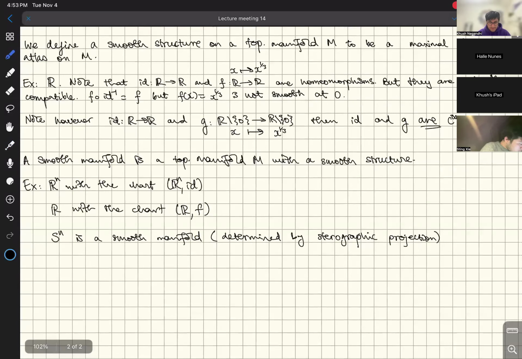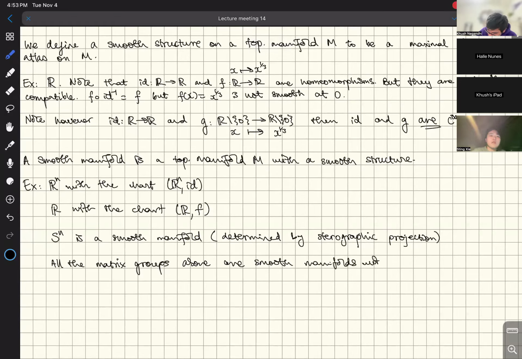But yes, all the matrix groups above are smooth manifolds with the standard charts. By standard charts here, I mean they're all subsets of R^n, so you take charts and you restrict them.